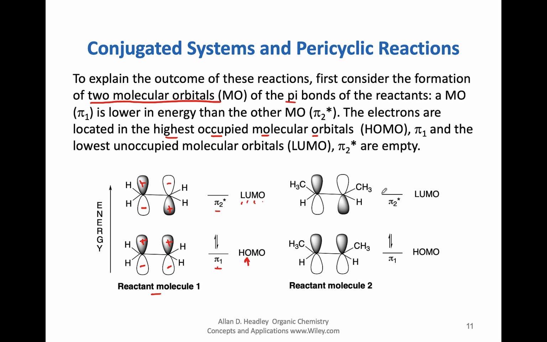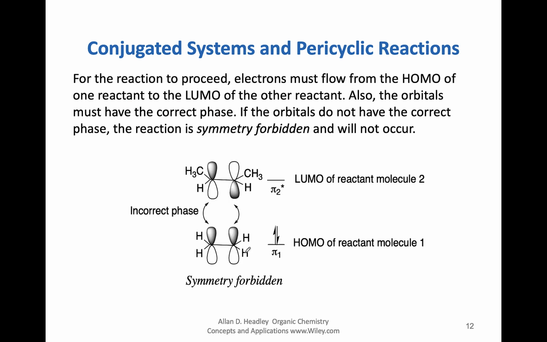For the reaction to occur, electrons must move from the HOMO of one reactant into the LUMO of the other one. However, as we'll see in the next slide, the phase must be correct. So here is the LUMO of one reactant, and here's the HOMO of the other reactant.